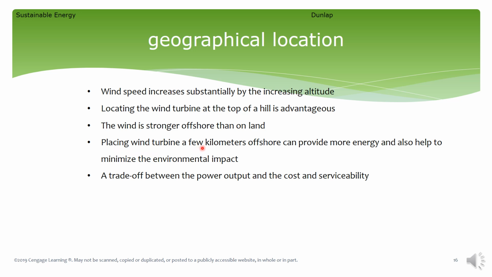Placing wind turbines a few kilometers offshore can provide more energy and also helps to minimize the environmental impact. But we should consider a trade-off between the power output and the cost for construction and serviceability to provide electricity to humans.